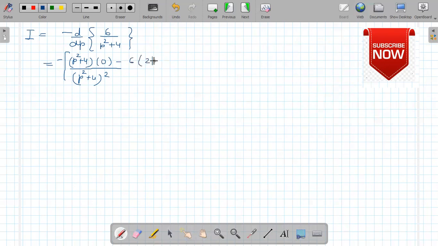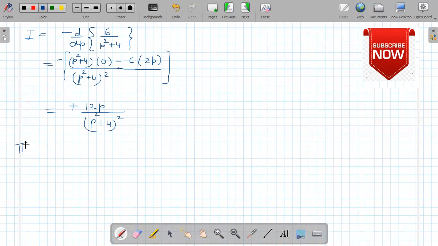Then it is 2p. So it is minus minus plus 12p whole divided by p square plus 4 whole square.